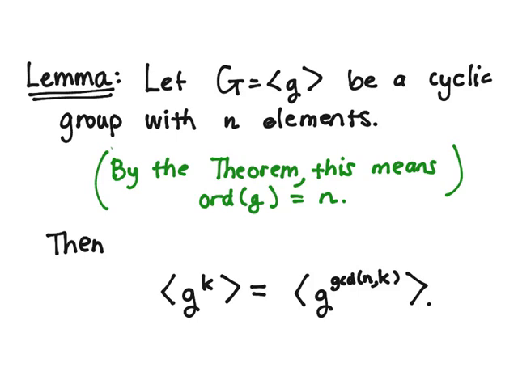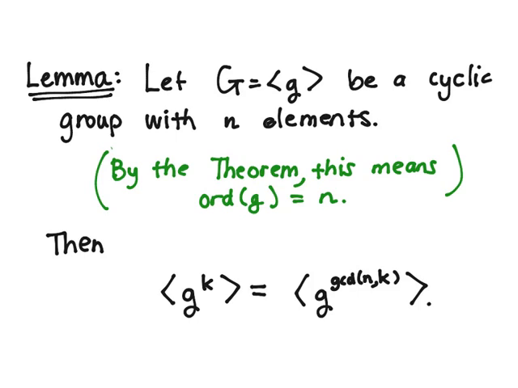Then the statement is that if I were to look inside of this group at the subgroup generated by g to the kth power, or the subgroup generated by g raised to the GCD of n and k power, then those two subgroups would be the same.